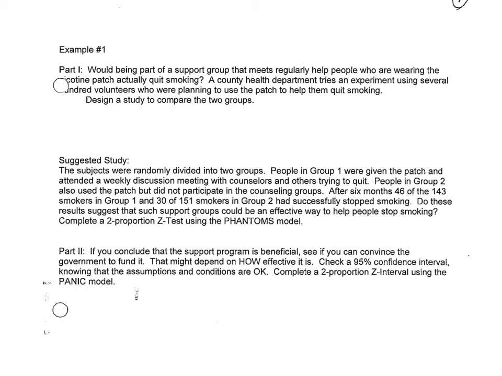So that's the same for everybody. What is the treatment that is different between the 2 groups? Support. Yes, we're going to have some of them have a support group and some of them not have a support group. So that's going to end up being our treatment that we are testing to see if that makes a significant difference.